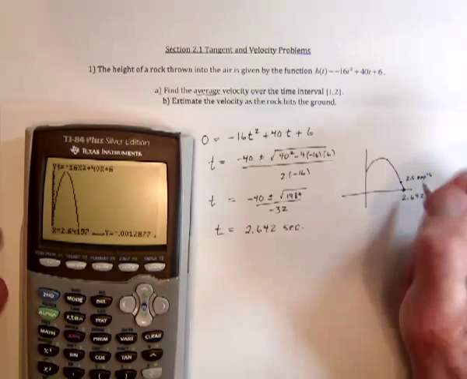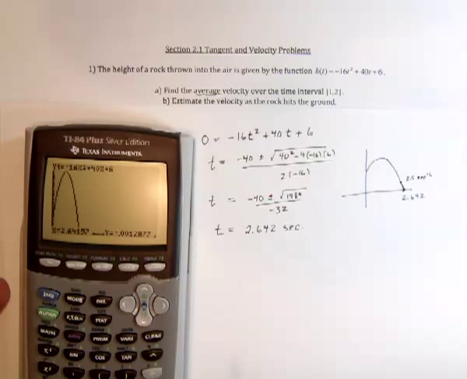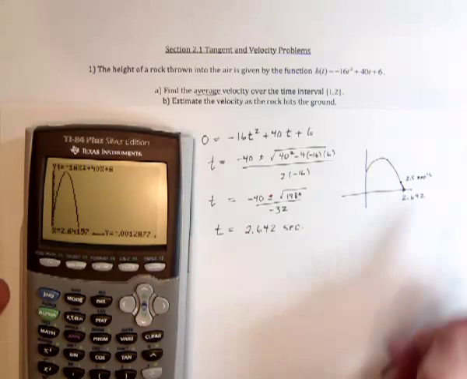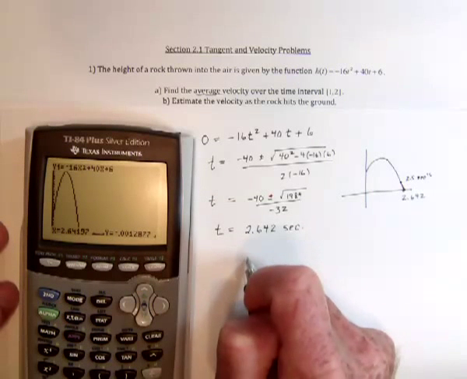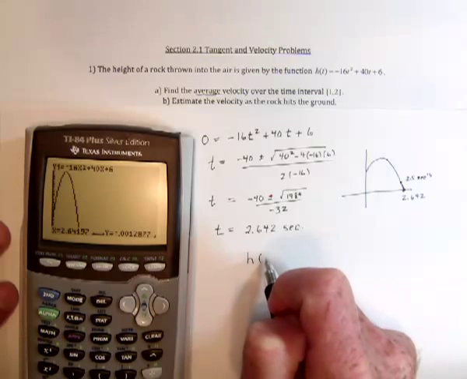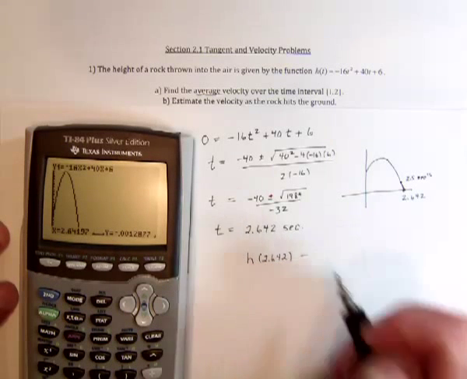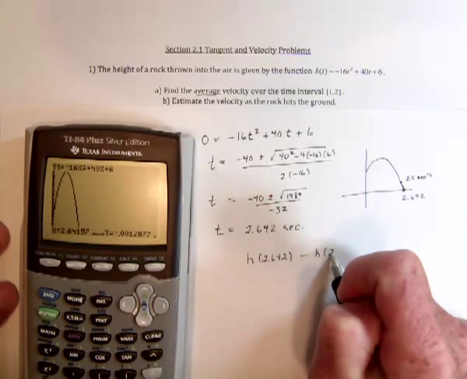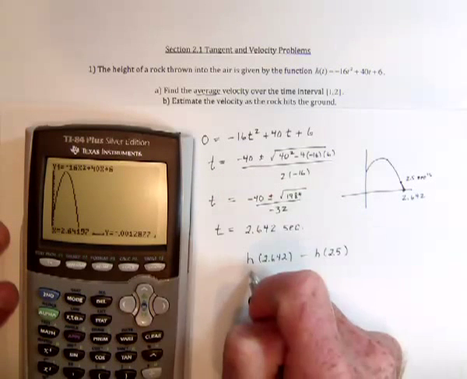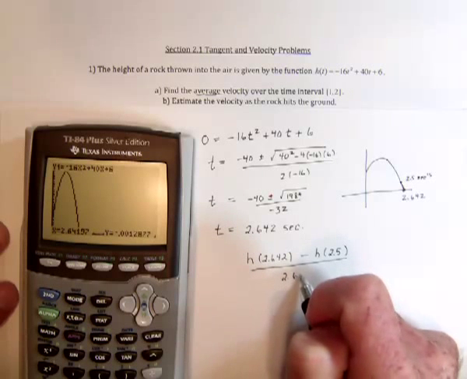And then do the work like we did on part A, using this time interval from 2.5 seconds to 2.642. So we need the height at 2.642, which happens to be 0. We need the height right before that, at 2.5 seconds. And then subtract these 2 times.